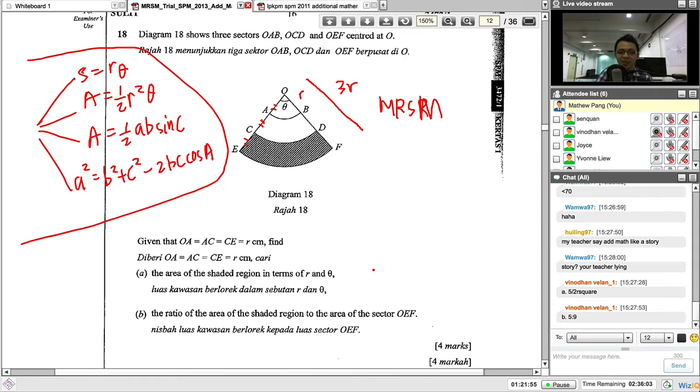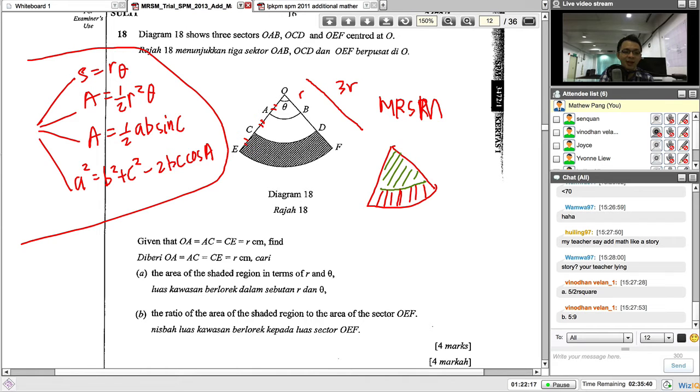He asks you to find the area of the shaded region. That means I have to use the big sector and minus the small sector in order to get the shaded region, in order to get this part.